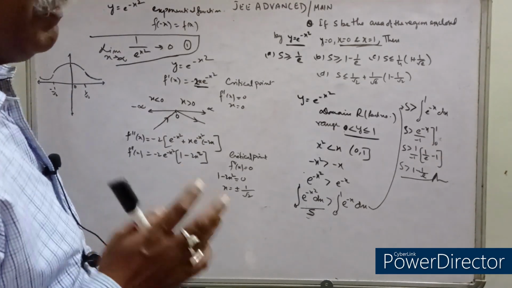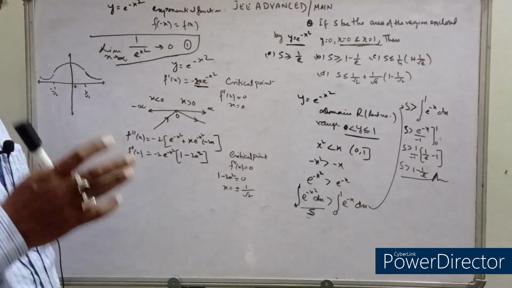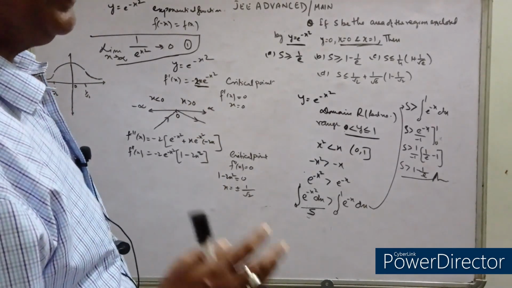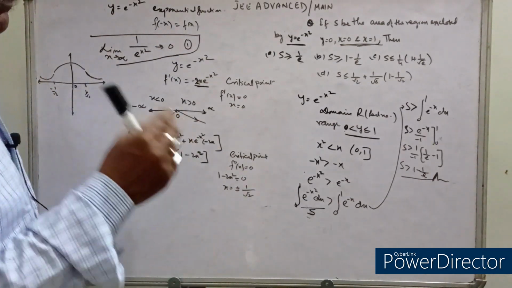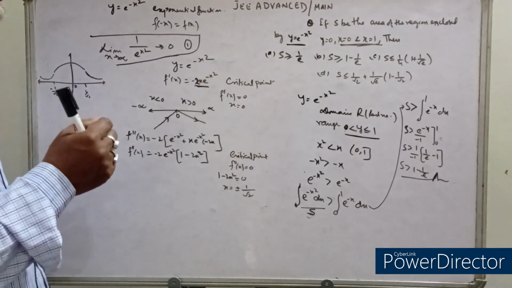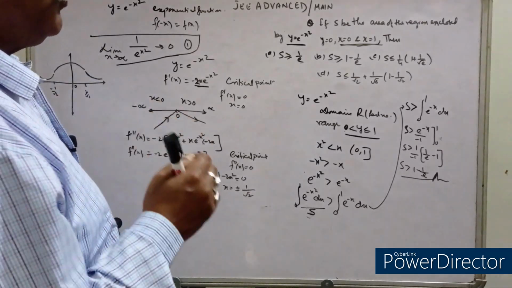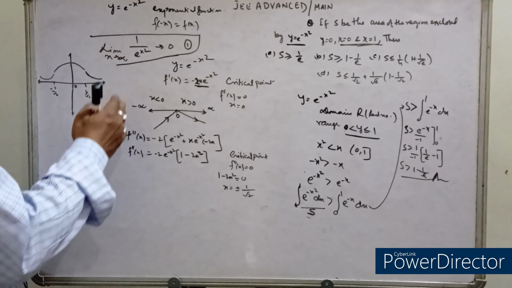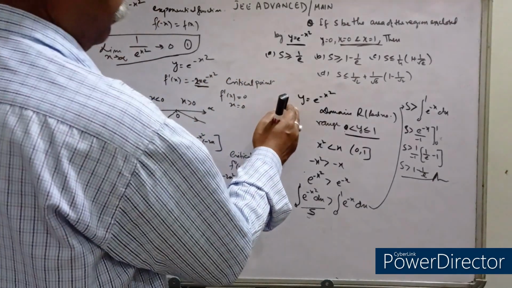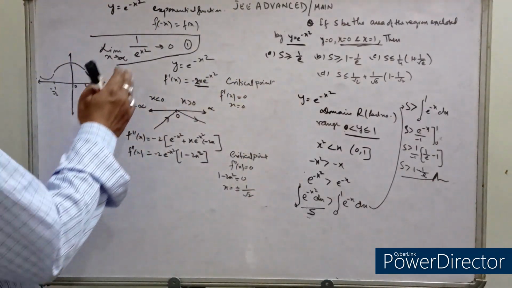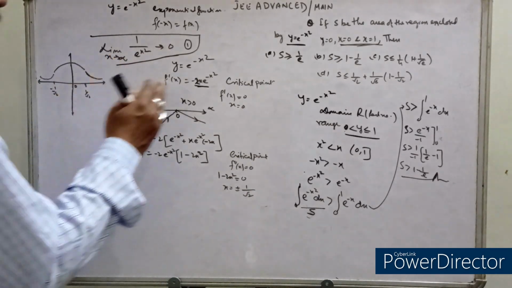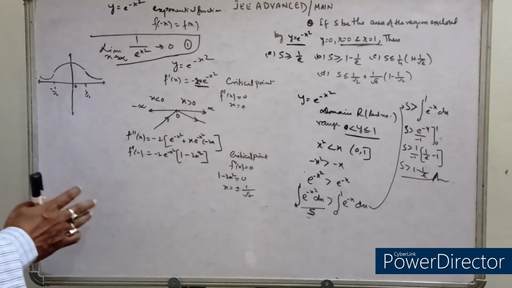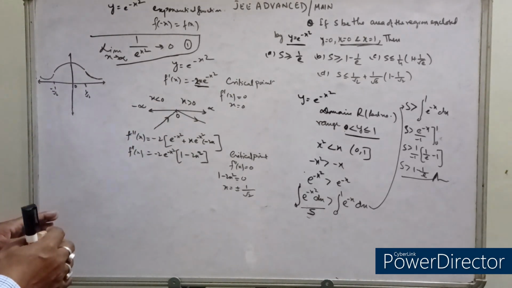With the help of f double dash x we can find the point of inflection, that is where there is neither maxima nor minima, where the graph changes. So I have drawn this graph for you, and with its help I have shown how we draw a graph.